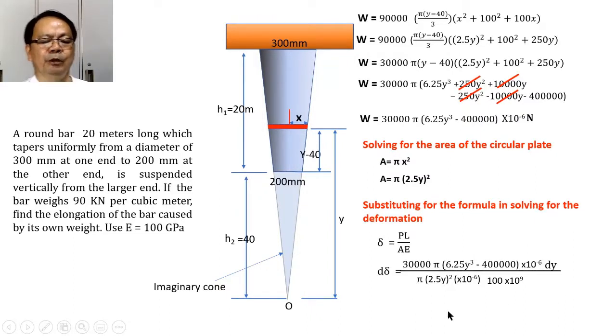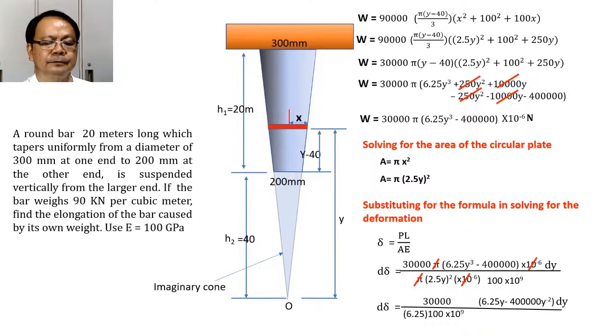So when this will be simplified, pi will cancel, 10 to the 6 will also cancel. So what we have here is 30,000 divided by 100,000, 6.25 times 100,000 times 10 to the 9, 100 times 10 to the 9 multiplied by the quantity 6.5y minus 400,000 y squared multiplied by dy.